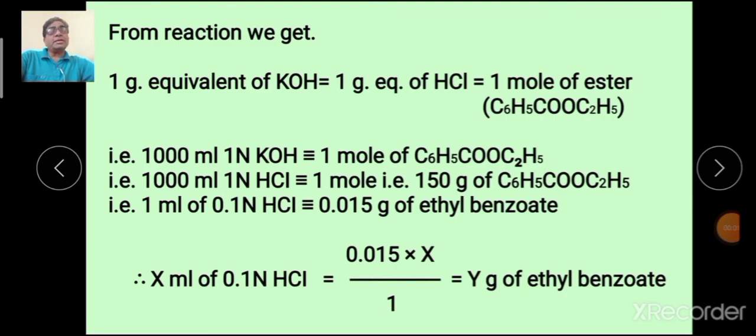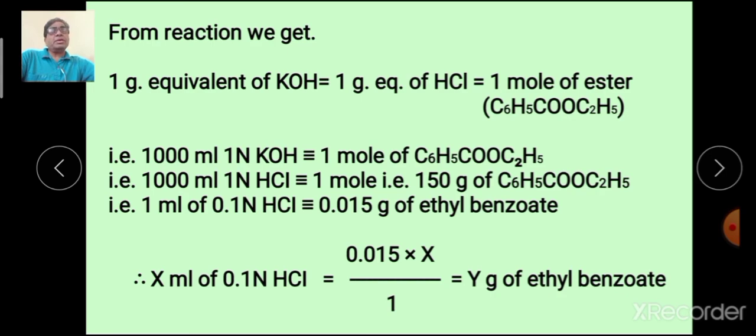From the reaction we get 1 gram equivalent of alkali KOH is equal to 1 gram equivalent of acid hydrochloric acid, which is equal to 1 mole of ester ethyl benzoate.